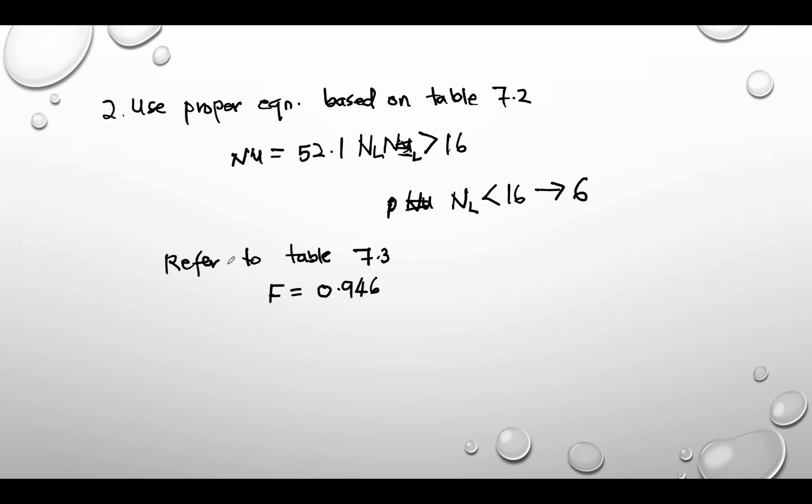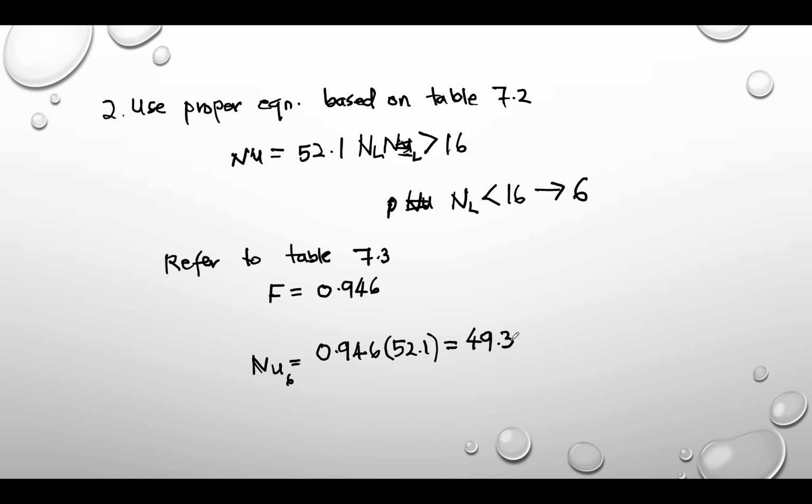Then you have to multiply with 52.1 in order to get your Nusselt number. So for 6 rows, 0.946 times 52.1, you will get your Nusselt number equal to 49.3.